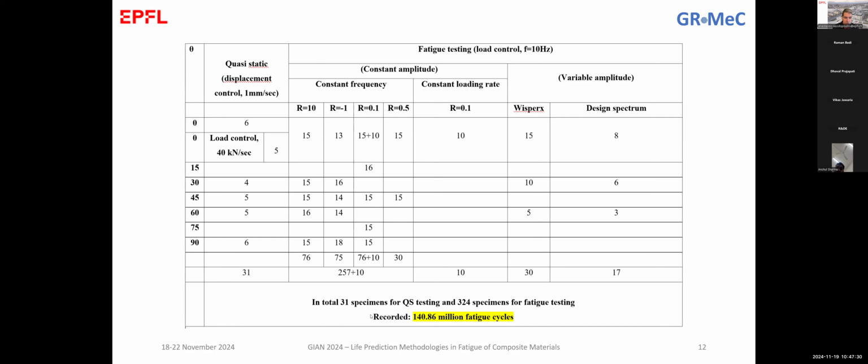At the end, if you want to see also a number of cycles, it's something like 140 million fatigue cycles. This means more or less a year of continuous testing in the lab.